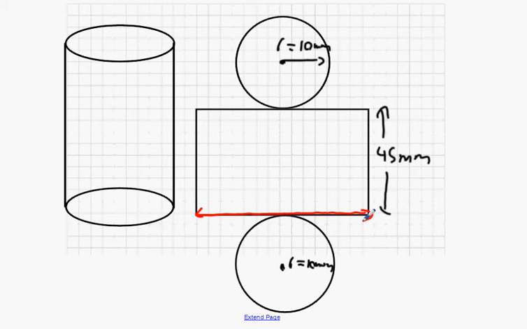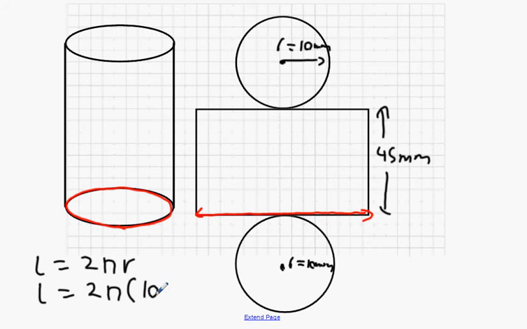Has to be the same as the circumference of a circle. Basically, this red line here, the two red lines are equal to each other. They have to match up so that the cylinder covers every part of the circle. Okay? So what we gotta do is L equals 2 pi r. On the calculator, 2 pi times 10 mils.